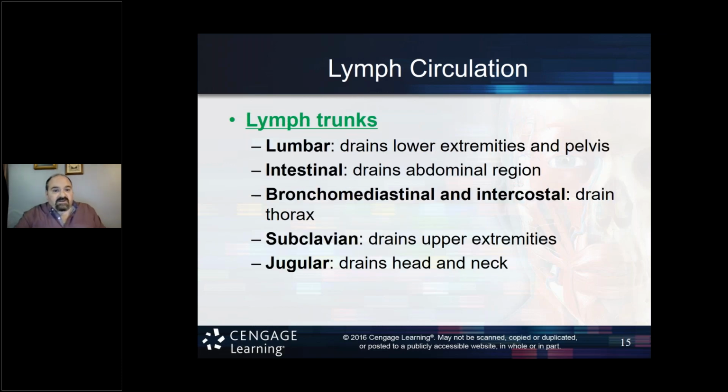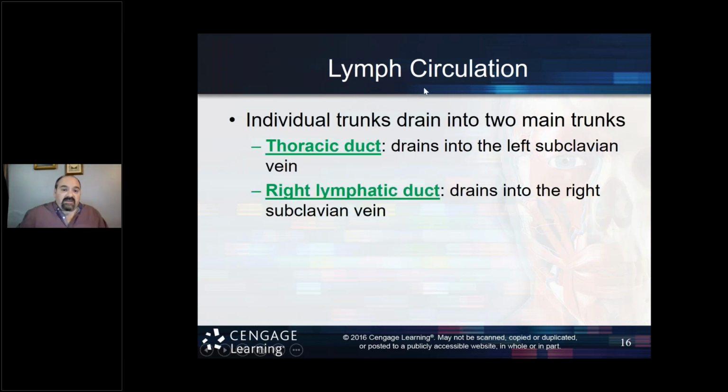So these trunks are larger vessels. I'm not going to ask you to memorize these, okay, but just know that they are present in different areas of the body and draining different sections of the body, okay? But you do need to know that the thoracic duct drains the left side of the body, and the right lymphatic duct drains the right side of the body.